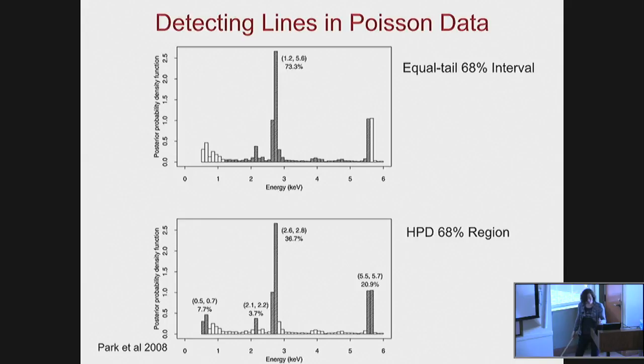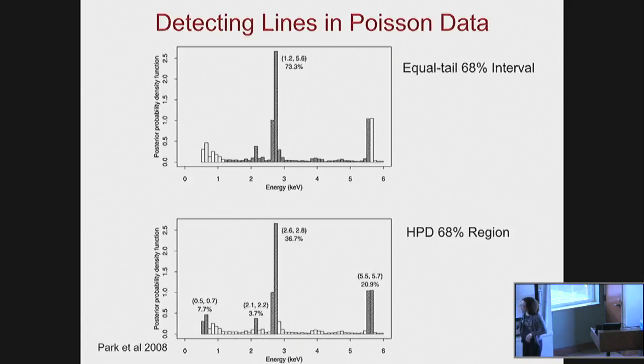So if we take this to the Poisson data, this is an illustration of the two representations. One representation shows equal tail 68% intervals for this spectrum. And you can see that the 68th percentile covers a lot here. And the actual shaded region, if you quote uncertainty for the line, would be between this and that.